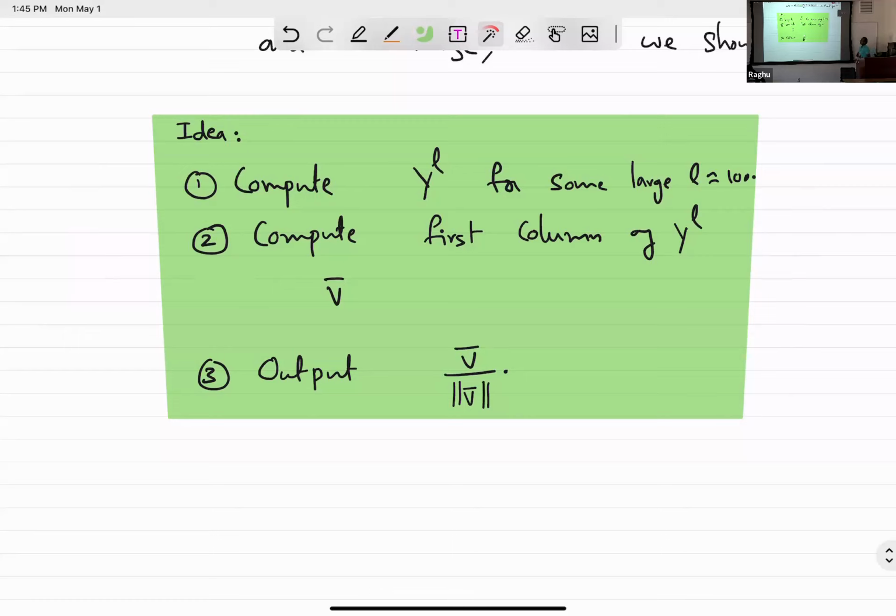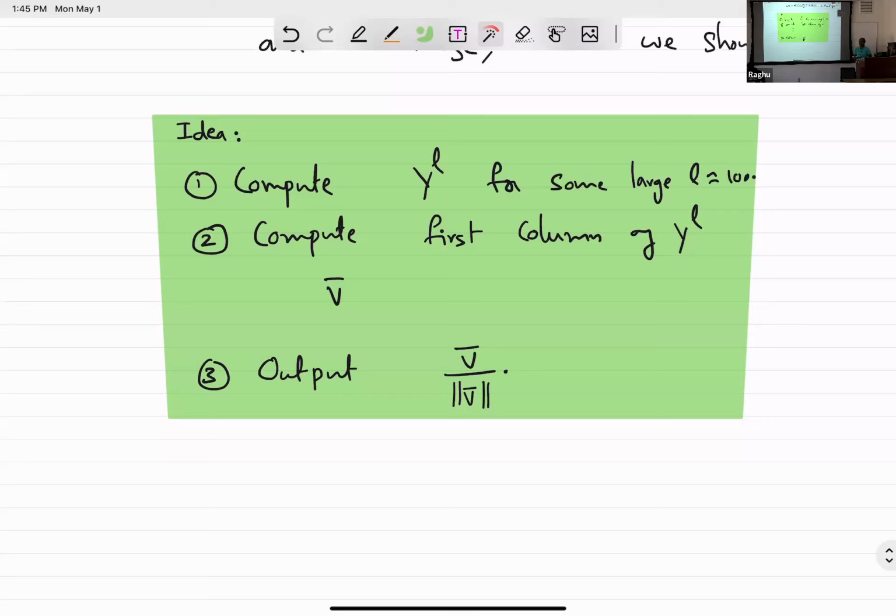Does it seem avoidable? I mean, doesn't seem avoidable, right? If I had to compute y to the 100, I have to multiply y times y, right? But what's happening in the second line? Do you really need to compute y to the L? What do you need to compute? Only the first column of y to the L.